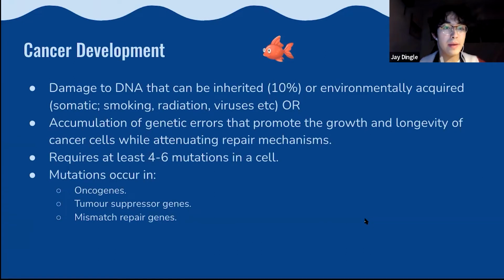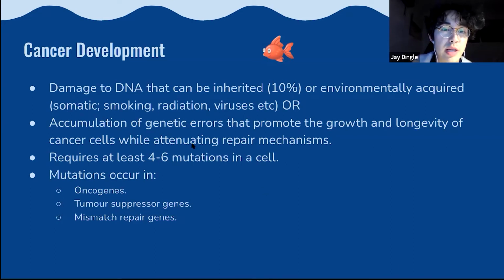Okay, thinking about the development of cancer. Damage to DNA that can be inherited is often 10%, or it can be environmentally acquired. This might be through things such as smoking, radiation, viruses, or cancer can develop as a result of the accumulation of genetic errors that promote the growth and longevity of cancer cells whilst compromising repair mechanisms.